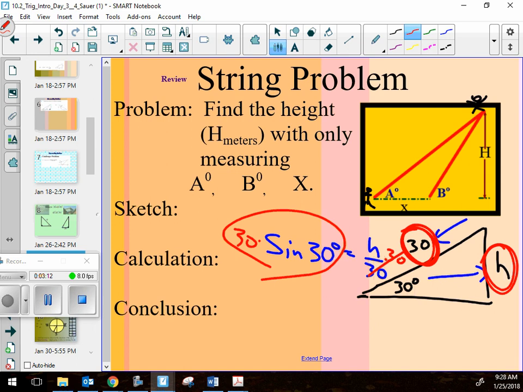But if you had, since we know that the answer is 15, what does sine 30 have to be? 1/2. Think about that for a second, because I know from this relationship that h has to be half as big as 30, so it has to be 15. Then sine 30 must be a half.